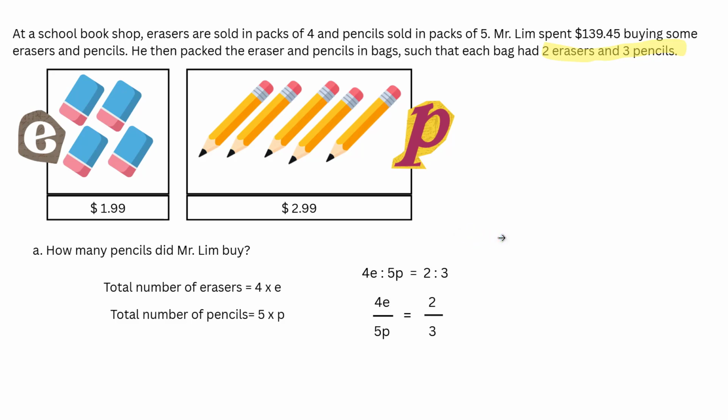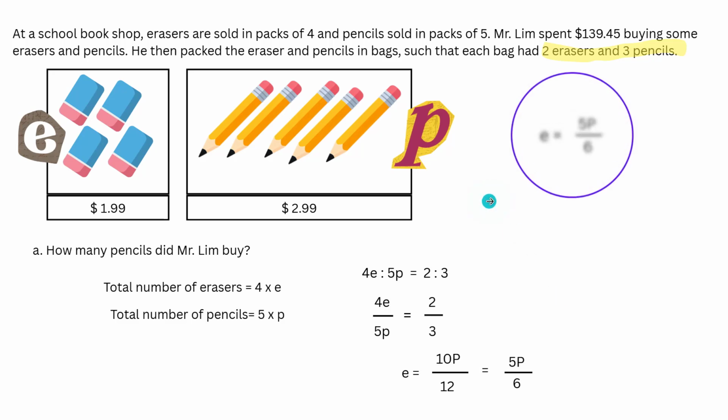Now we can cross multiply and express everything in the form of E. Let's bring 5P to the right hand side, so that becomes 5P times 2, 10P, and the 4 goes down to multiply with 3 to get 12. So E is equal to 10P over 12, which on simplification gives you 5P over 6.